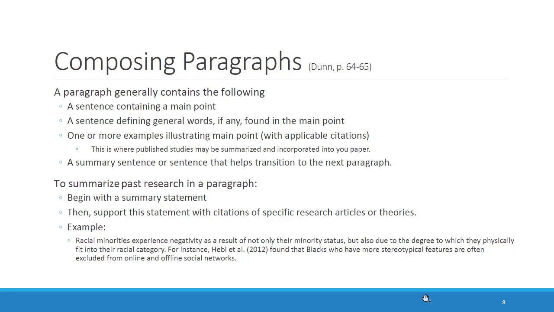For instance, Hebel et al. 2012 found that Blacks who have more stereotypical features are often excluded from online and offline social networks. So in the first sentence, you're summarizing it in your own words and stating a general sentence about the literature. And then you're adding the results of a specific study to back up that point that you're making.